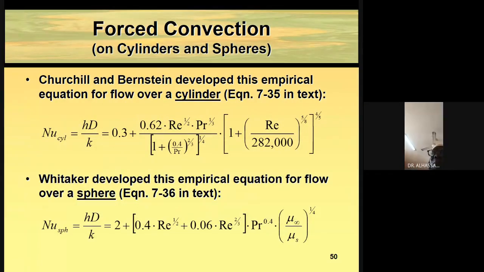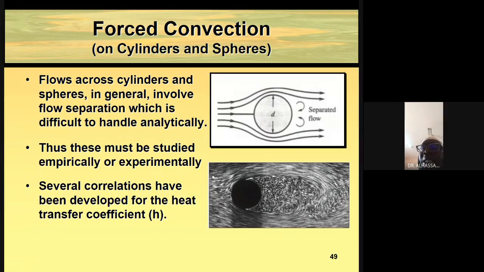So we have noted that for a flat plate, the basic equation for fluid flowing across it, the Nusselt number, is governed by hL divided by k, where h is the heat transfer coefficient, L is the characteristic length, and k is the thermal conductivity.